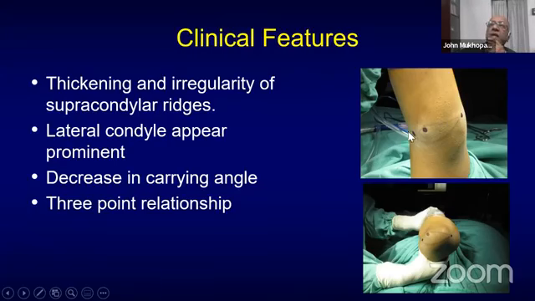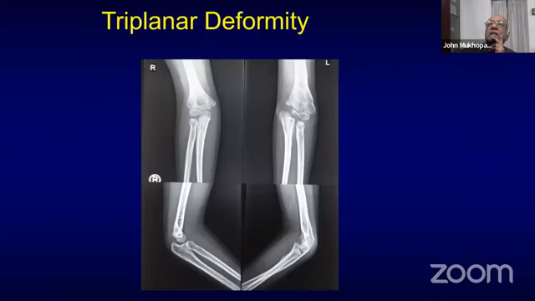And so when you actually measure the triangle, it's not the classical isosceles triangle that you would expect. And therefore, the 3-point relationship, although people talk about it being maintained, is not maintained once you have a cubitus varus deformity. Okay.